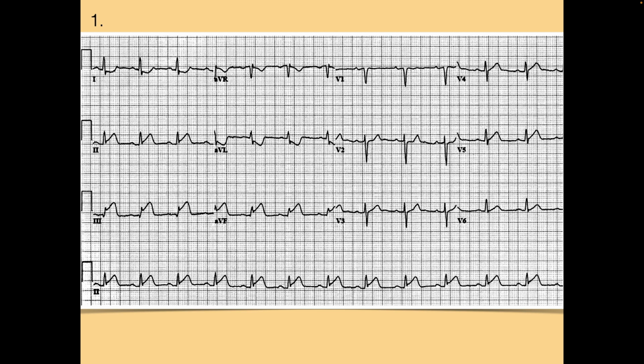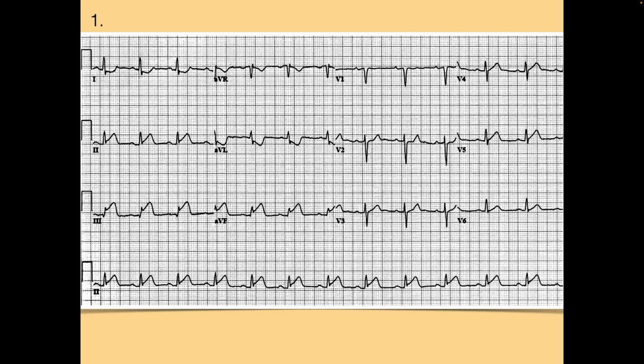How many people are done? Okay, so number 1, I hope everybody saw, particularly since it was a bit assisted, that this is the one that has ST elevation in 3 and AVF, and not very much in 2.